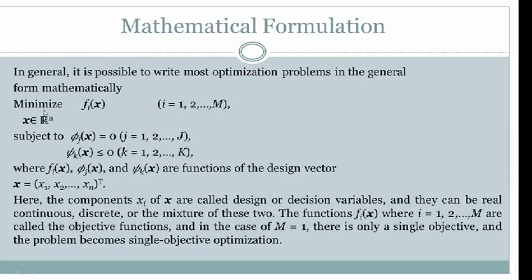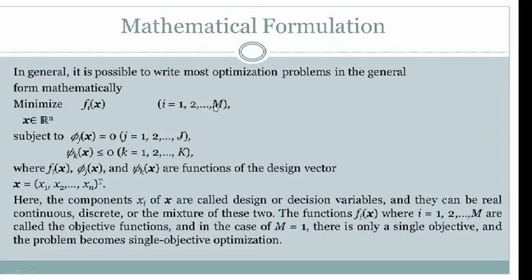Let us say it is a minimization problem with respect to x. This x vector belongs to the n-dimensional real vector space, with f_i(x), where i equals 1 to m.